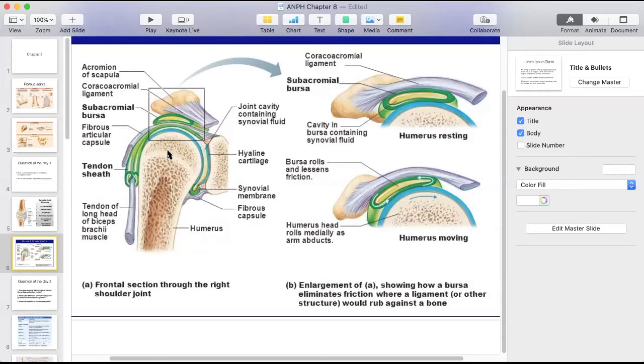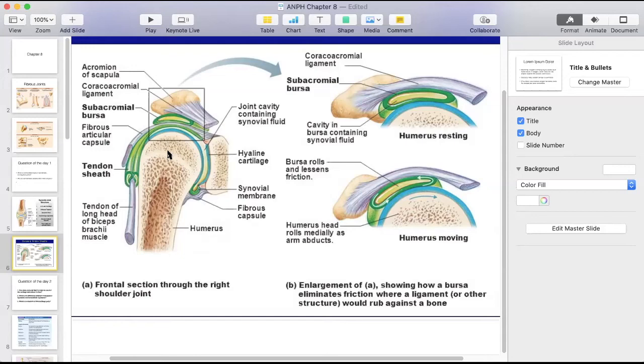Now, normally, if that bursa was not there, then you would have friction between the ligament and the articular capsule. Friction is the enemy of stability because friction results in heat. If you wonder why over time your transmission or your car engine breaks down, it's because of friction. Friction is the enemy of structural integrity. So bursae are designed to reduce friction.